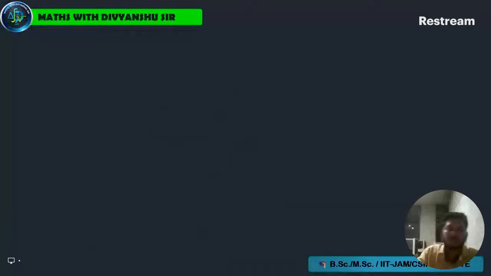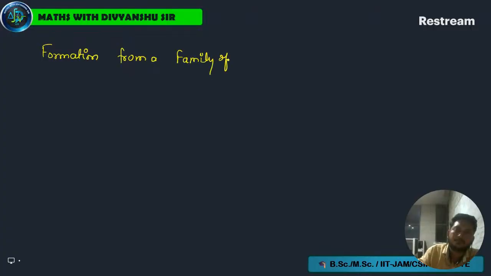Formation from a family of curve. Now take this as example number 3: a family of circles centered at origin.